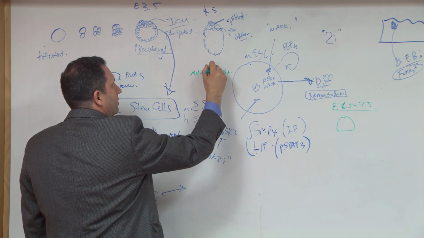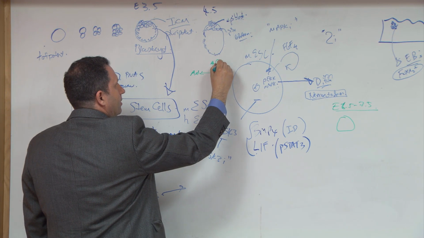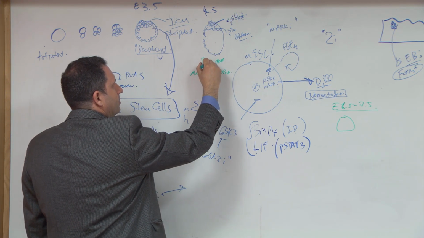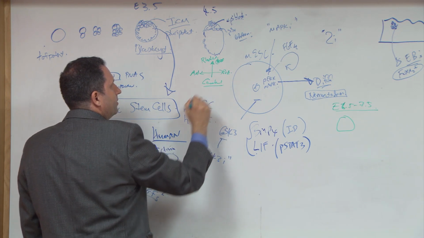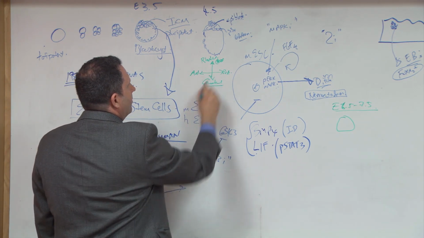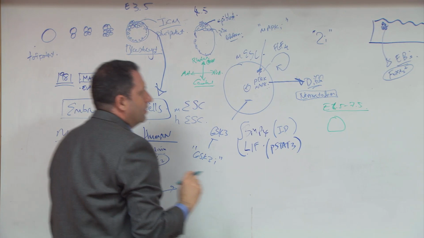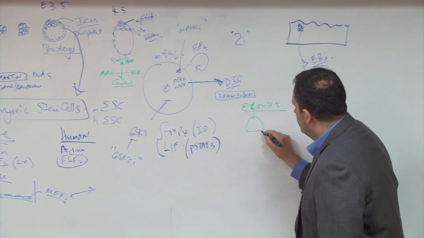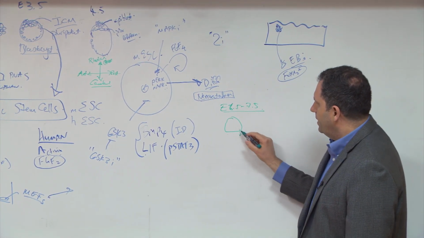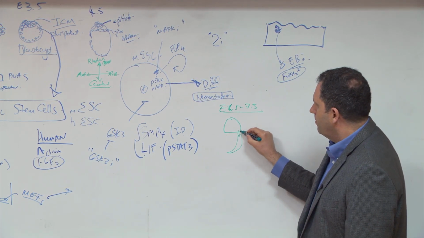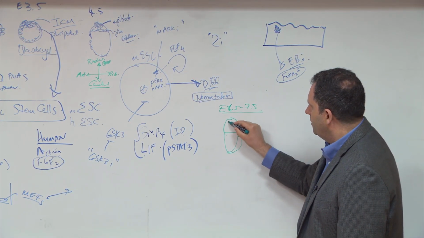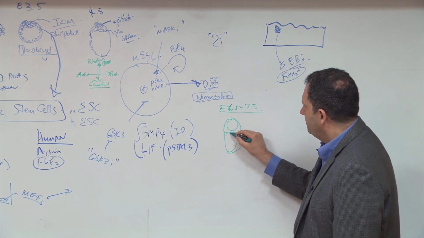And this will be rostral up here, and caudal or the tail down here. So the epiblast cells will migrate down this posterior side of the embryo. So here's your E6.5 embryo.